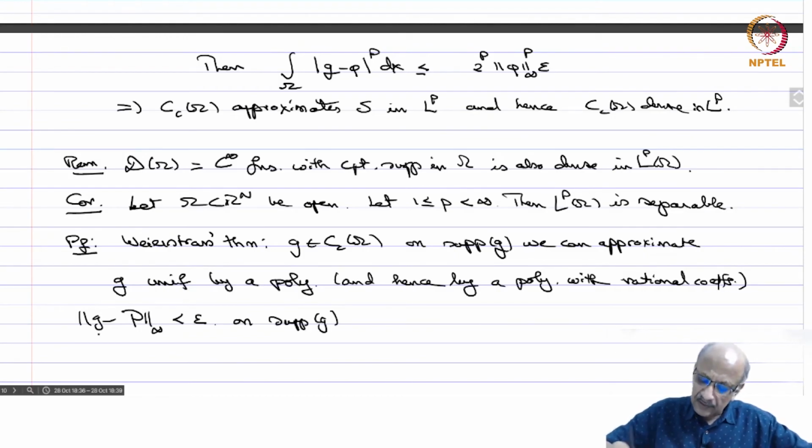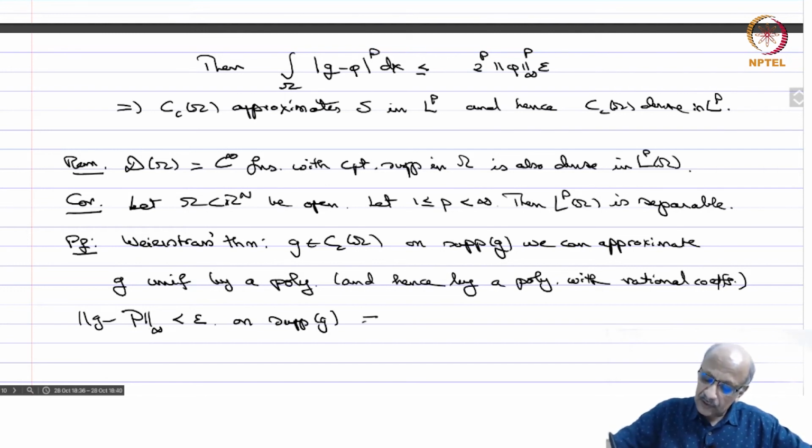outside the support G is 0, you put P also to be 0, so you get an Lp function, because it is continuous on the support, which is a closed set, and outside it is 0. The support is compact and therefore it has finite measure, therefore this function P is in Lp.